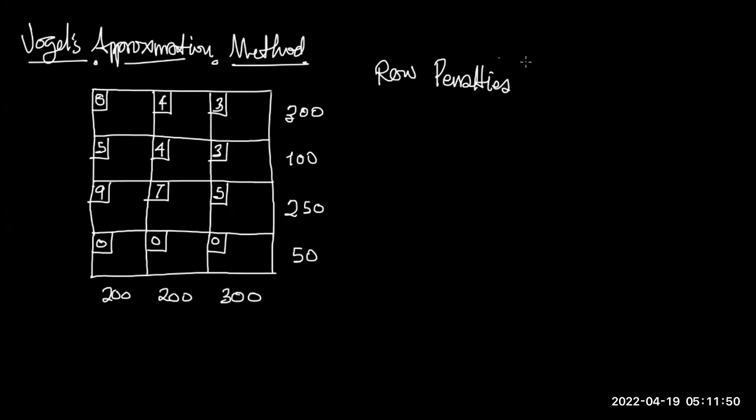Instead of row penalties, you can also take that to be demand penalties or supply penalties. And okay, we have row and column penalties. Okay, so let's fire.